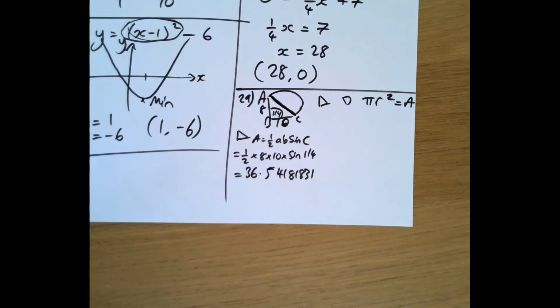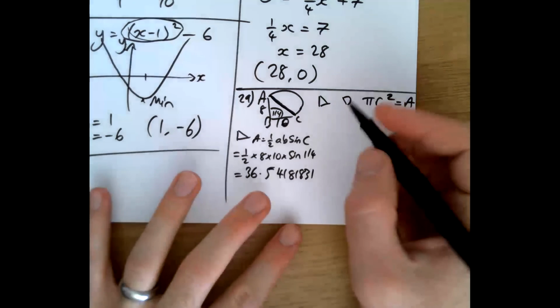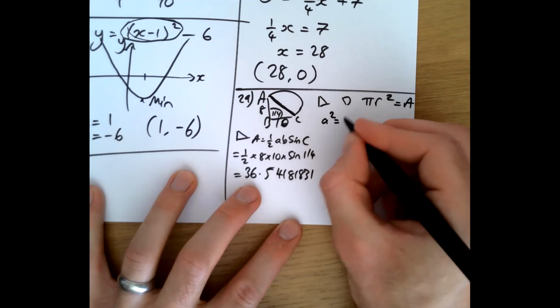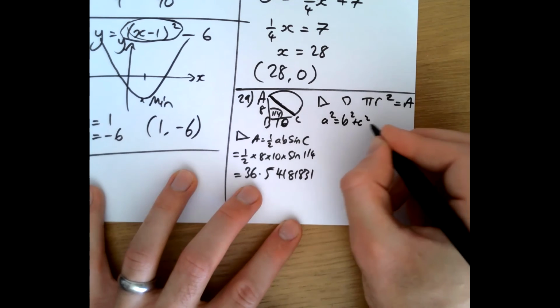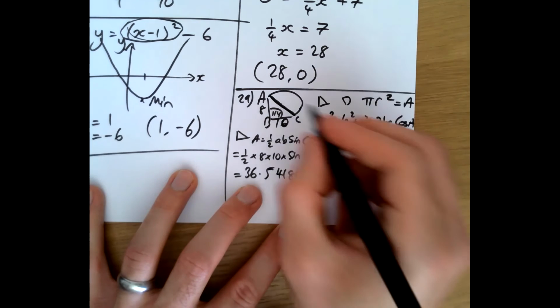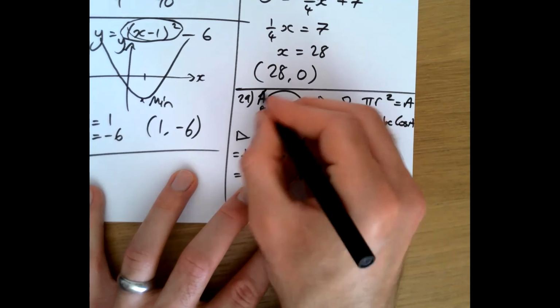It says I've got a triangle, but I don't know what on earth to do. So that tells you in a simplistic way why I know that that's the cosine rule. But anyway, the cosine rule is a squared equals b squared plus c squared minus 2bc cos A. The length that I want to work out, I'm going to call a, and then you can just bin off all your other letters.